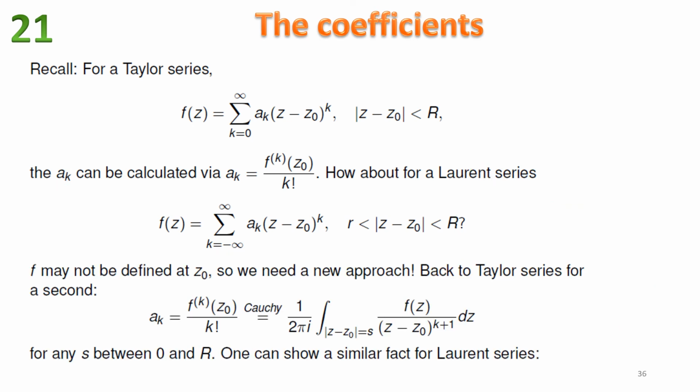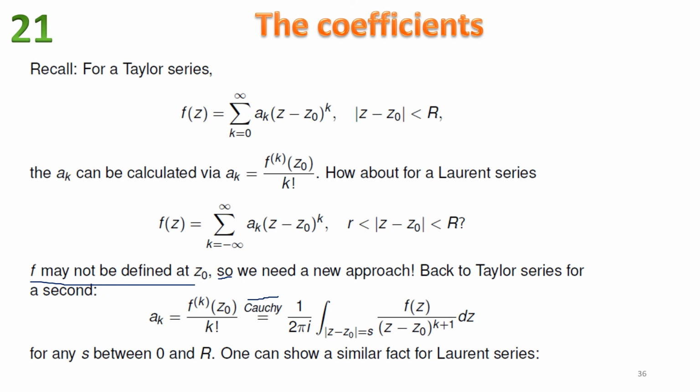Now, the function may not be defined at z0, like our function was not defined at origin. We need a new approach back to the Taylor series, and here we are going to use Cauchy's integral formula.